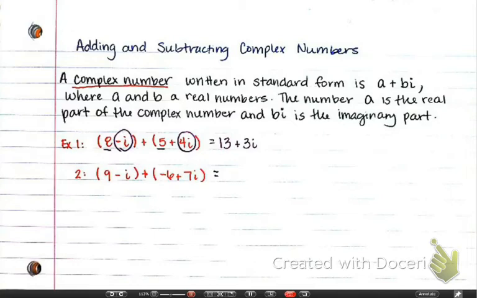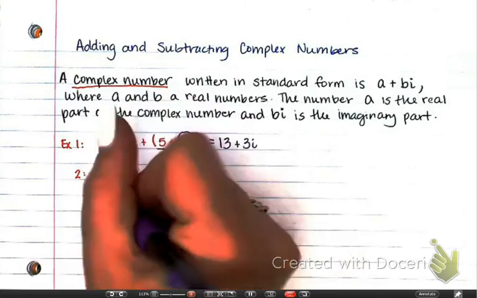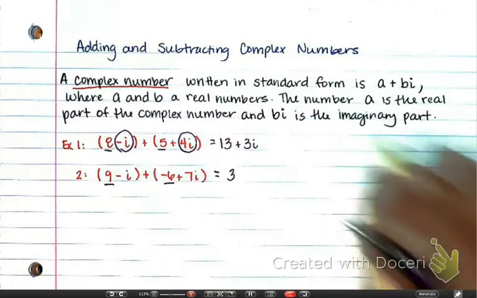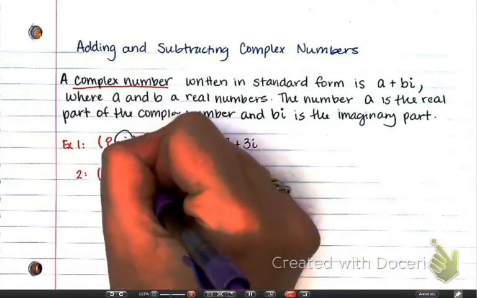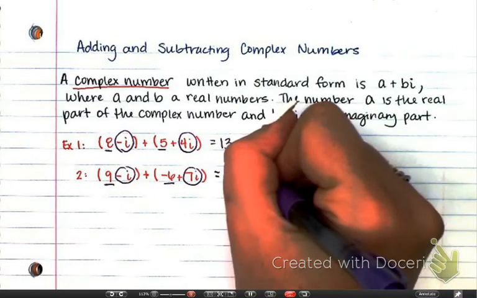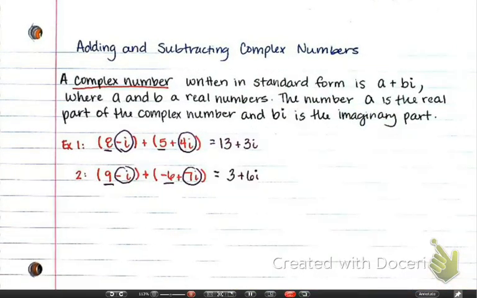All right, what are my like terms here? 9 and negative 6. So 9 minus 6 is 3. And then negative I plus 7I? Negative 1 plus 7 is a positive 6I. Can you handle that? Okay.